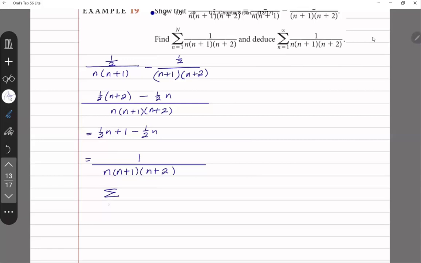the sum from 1 to n of 1 over n into n plus 1.